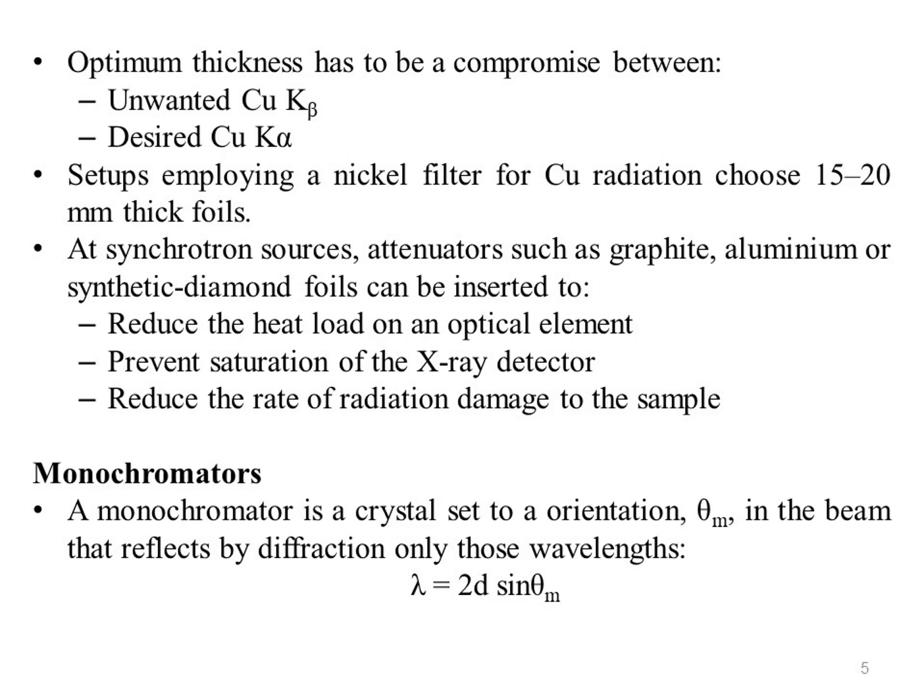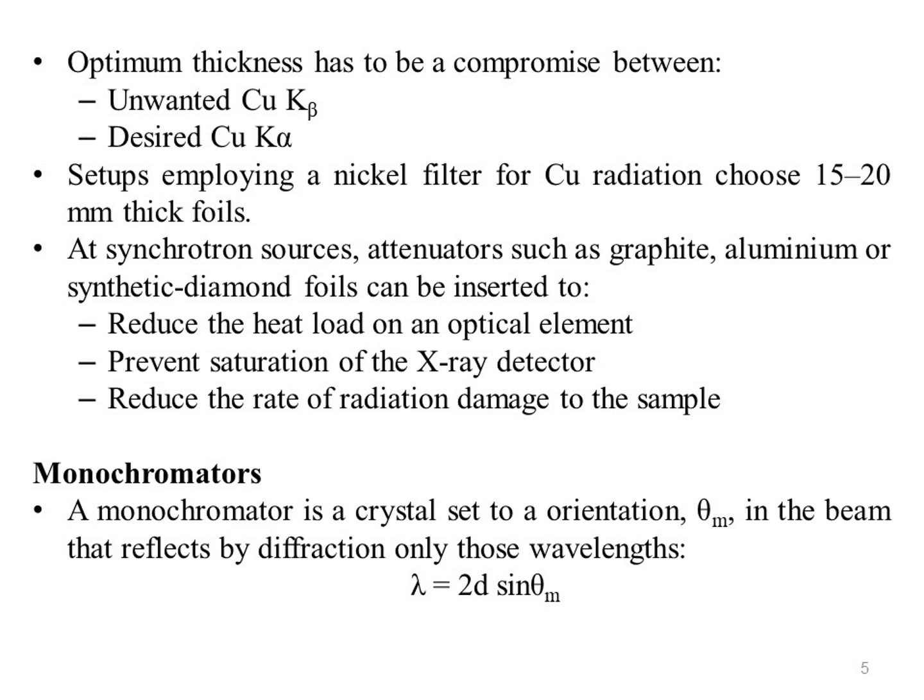The optimum thickness has to be a compromise between reducing the intensity of the unwanted copper K beta and reducing the intensity of the desired copper K alpha.